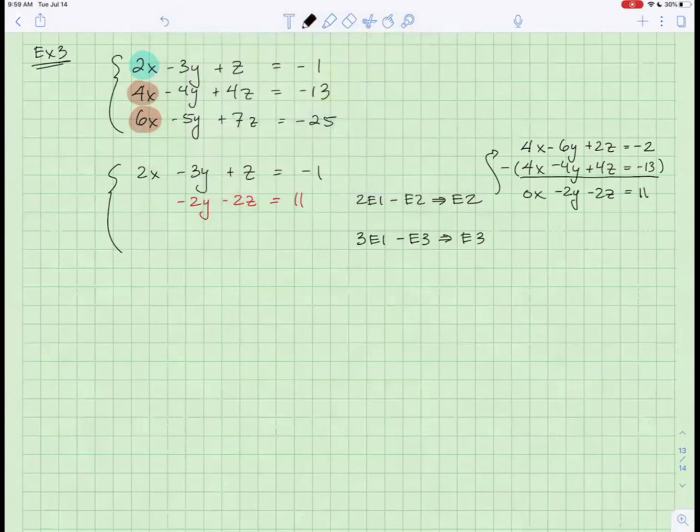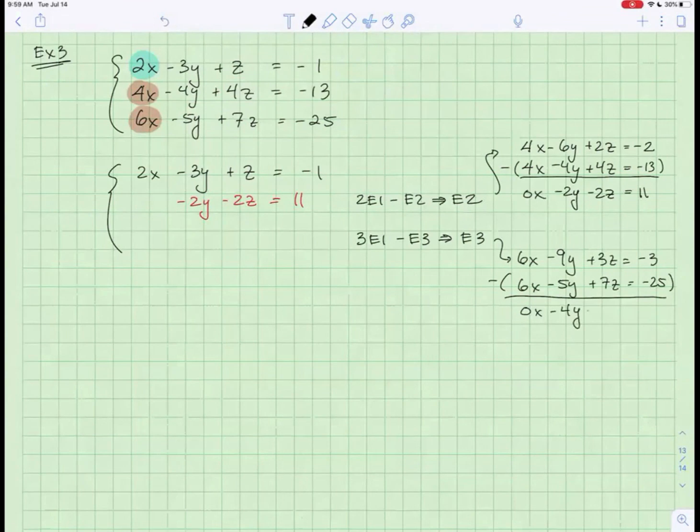For my second row operation down here, I'll do 3 times row 1, which will be 6x minus 9y plus 3z equals -3. And 6x minus 5y plus 7z is equal to -25. And we shall subtract. And this time we'll get 0x. -9y minus -5y is -9 plus 5, which is -4y.